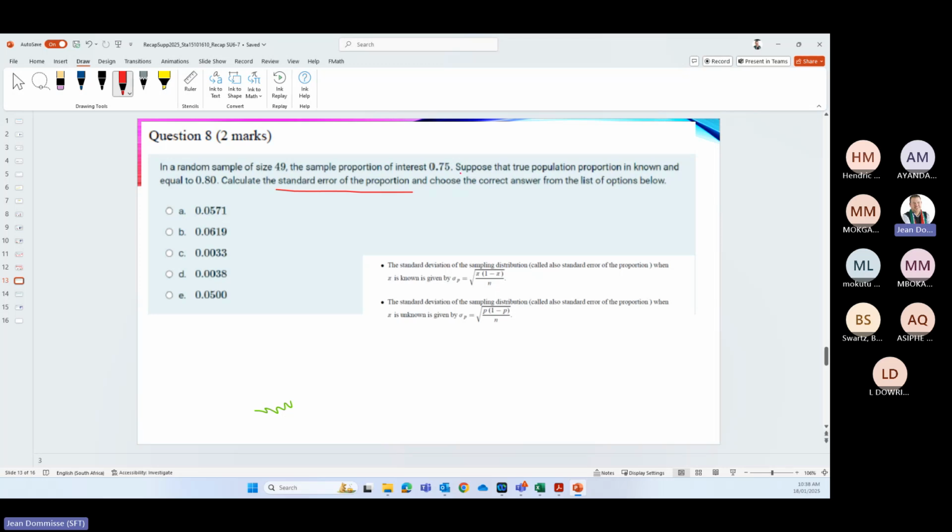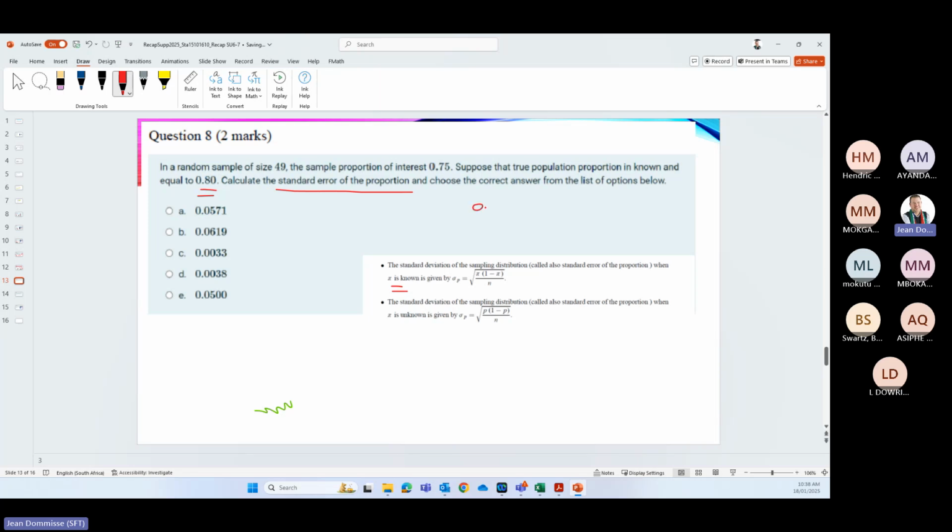Suppose that the true population proportion is known and is equal to that. Okay, so we know the true population. So here they tell us the standard deviation when the population proportion is known. So it is known. They told us it is known.